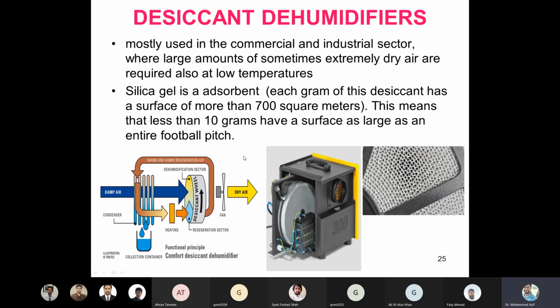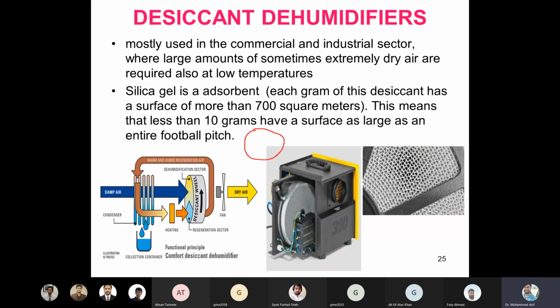So what happens in a desiccant dehumidifier? You can see this is like a wheel, right? This is a rotating wheel, and we call it the desiccant wheel. This rotating wheel has two sections, its area is divided. Let me show you its front view.